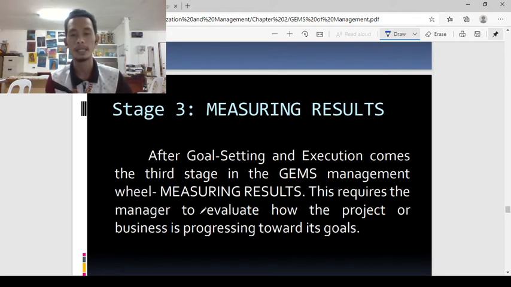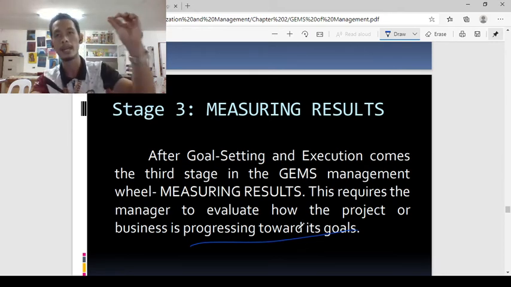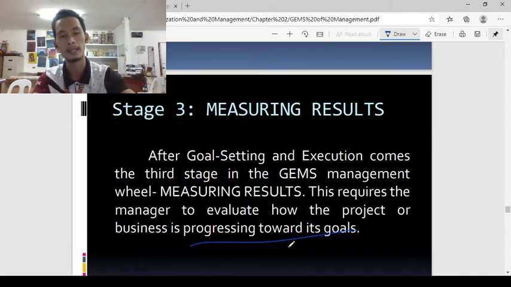After goal setting and execution comes the third stage in the gems management wheel, that is measuring results. This requires the manager to evaluate how the project or business is progressing towards its goals. So, in putting up a business or in managing an organization, it is not only about the execution of the plan, diba?